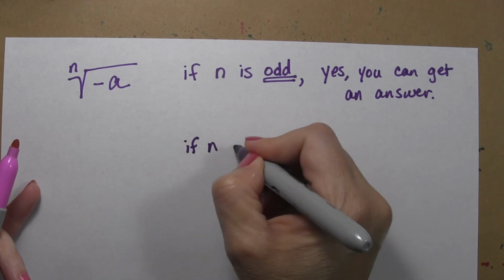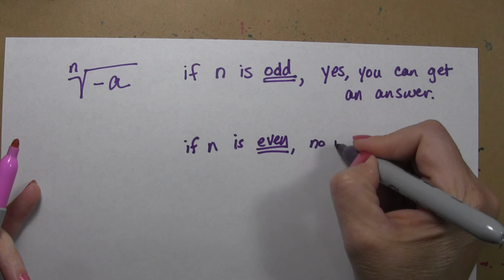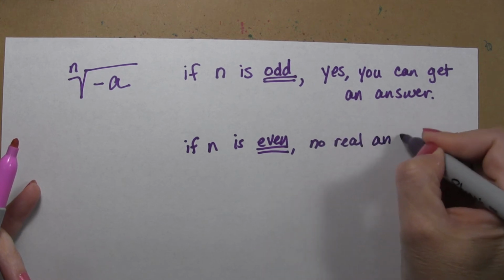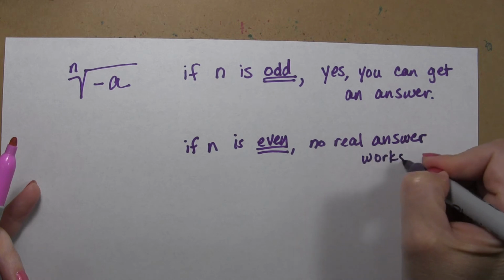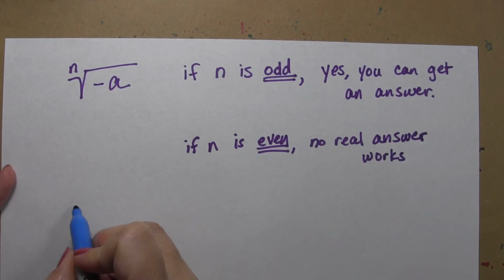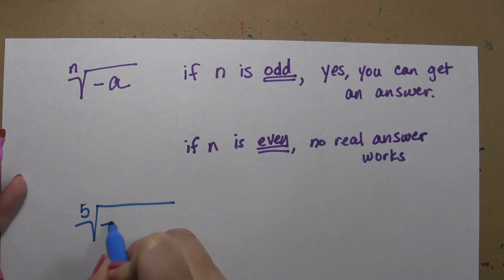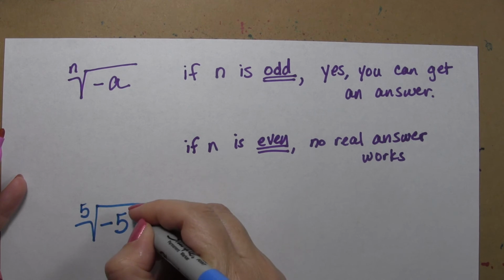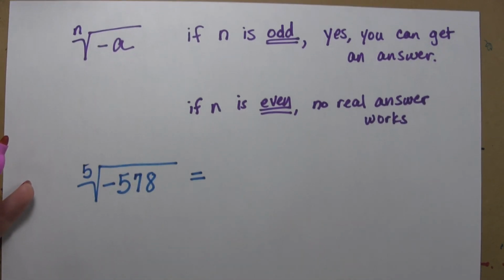If n is even, no real answer works. Right? So let's just do a quick little test. If I asked you for the fifth root of negative 578, could you get an answer?